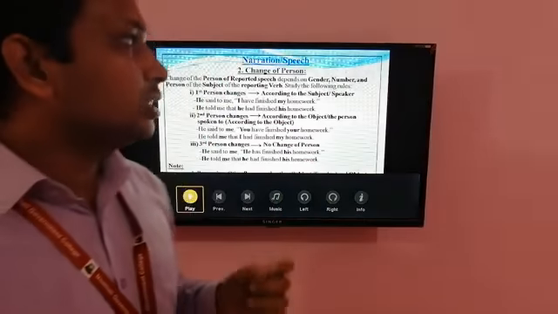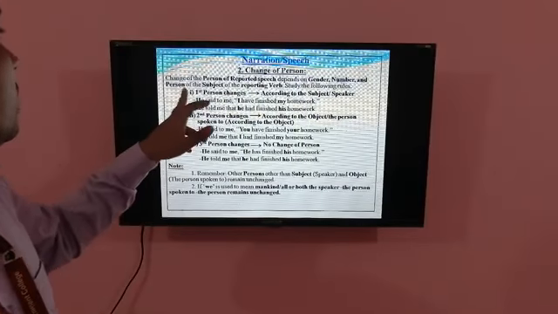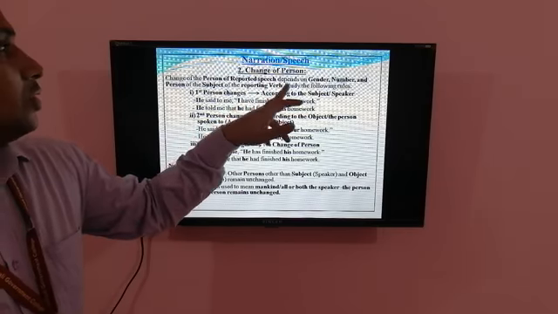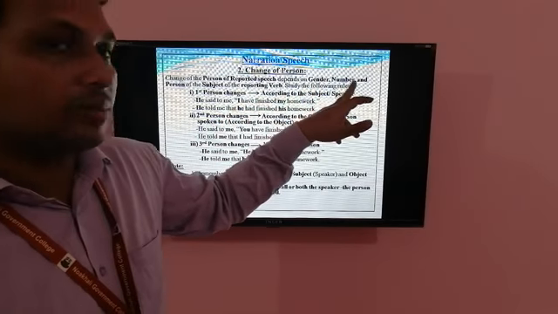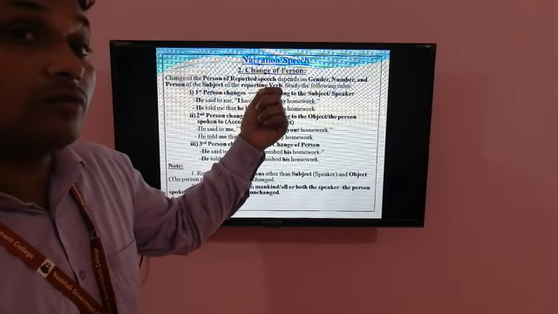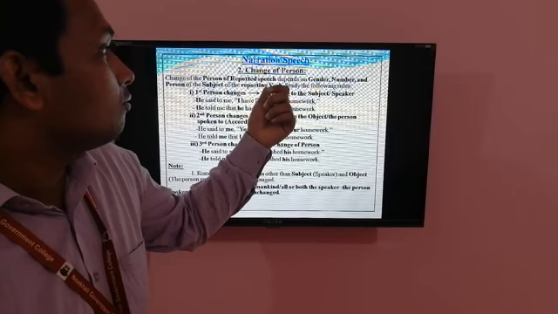This change of person follows some rules. What are these rules? Change of person of reported speech depends on the gender, number, and person of the subject of the reporting verb. Remember, the person of the subject of the reporting verb.